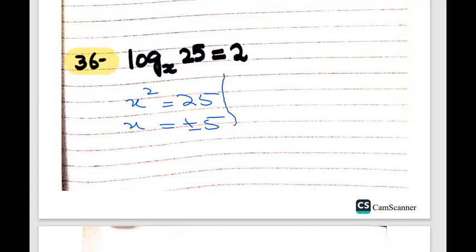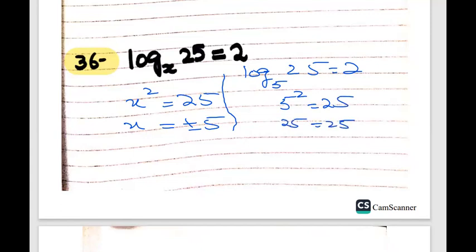Now we can solve this. We put the value of x. First, we put x equal to 5 over here and check whether this is the solution or not. Convert it into exponential form, which is this one, and this satisfies the given equation. It means that x equal to 5 is the solution.